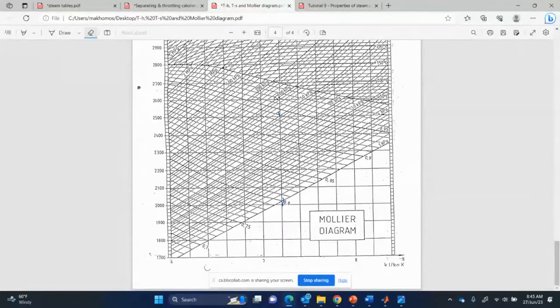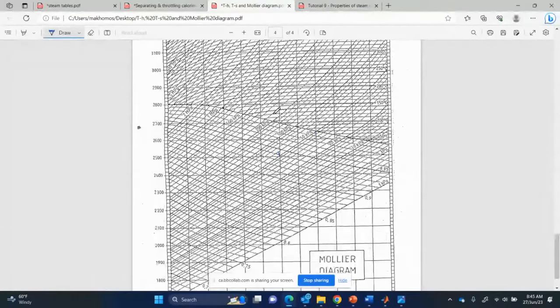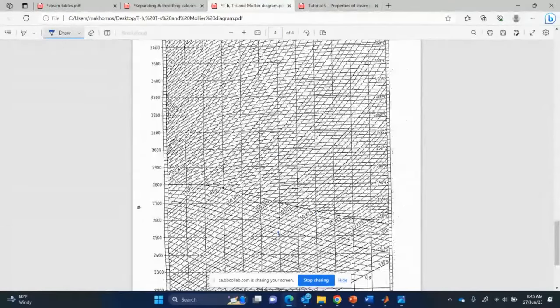To attempt this question, we first locate and draw a line on 500 kPa pressure. Here is our 500 kPa line. You draw a line because we don't know where the temperature line is going to be.